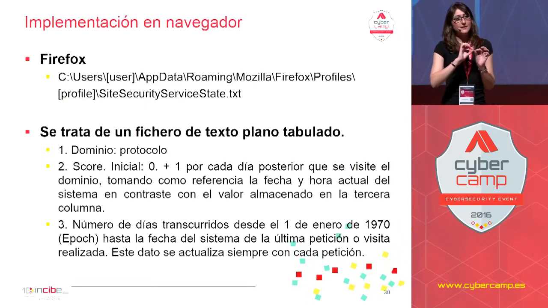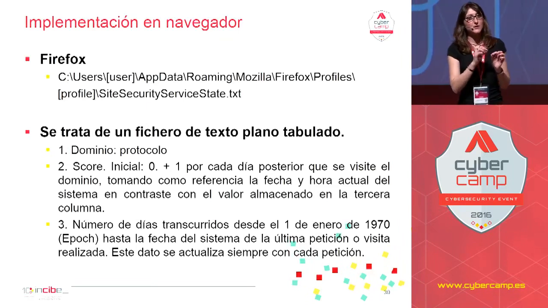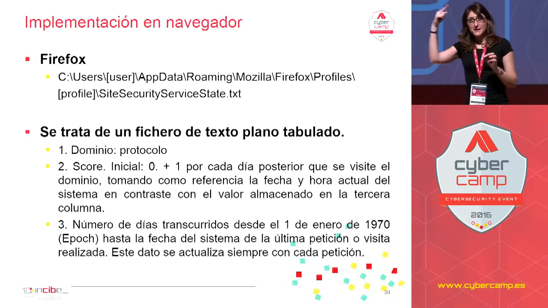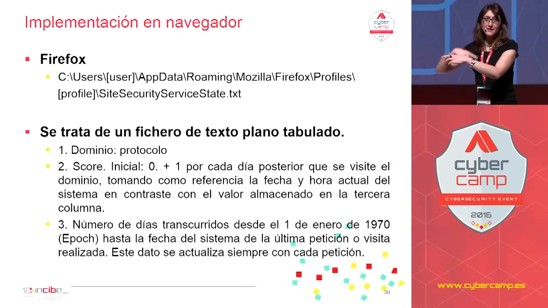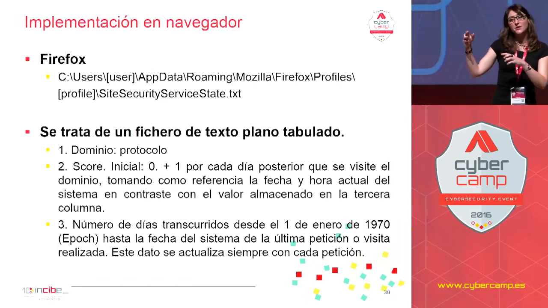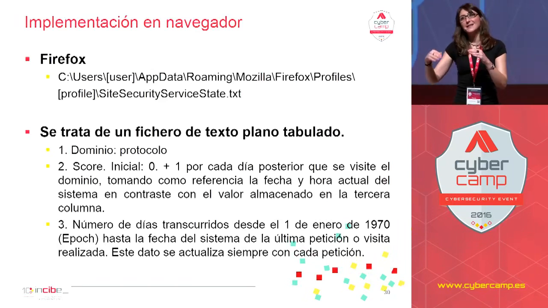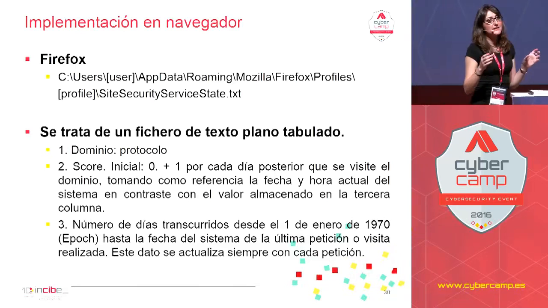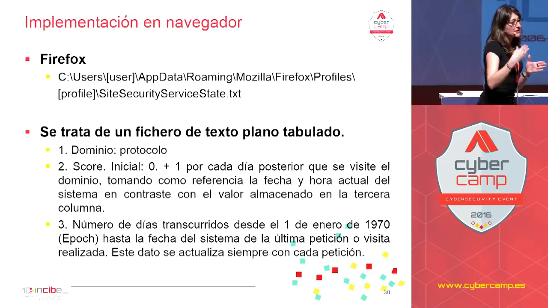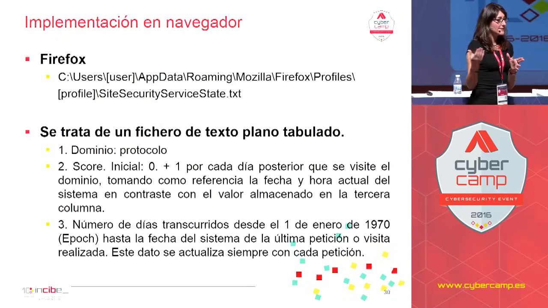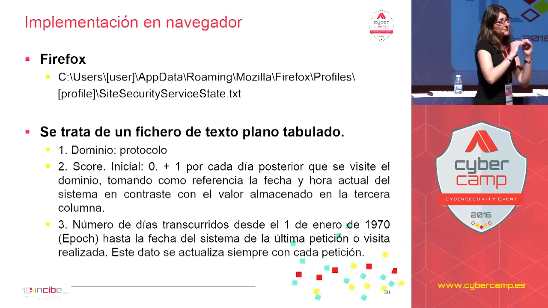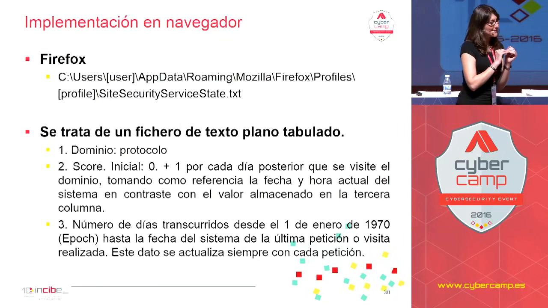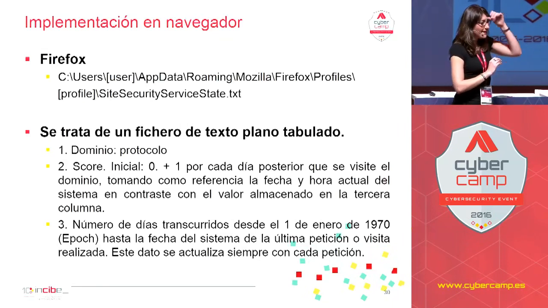If I go to GitHub today, starting value is 0, then after one visit it goes up by 1, and tomorrow the score value will be 2. Thirty visits tomorrow, so the value will still be 2. Just that it's 1 per day. So keep this idea in mind. It goes up 1 for each day that you visited, and the reference is the current date and time of the system. This is significant, and we will see that later on.